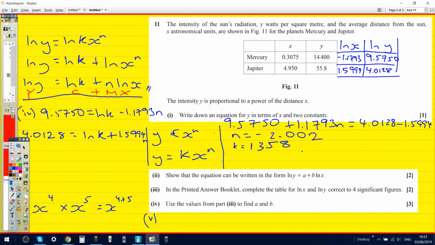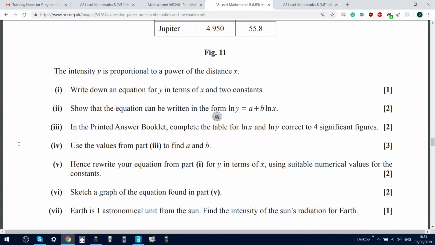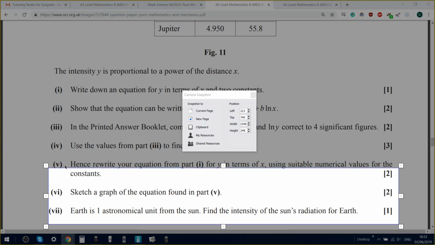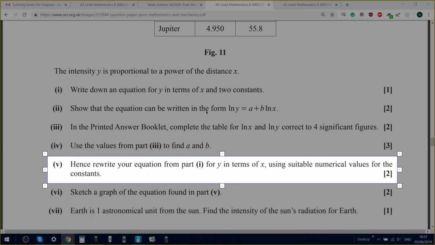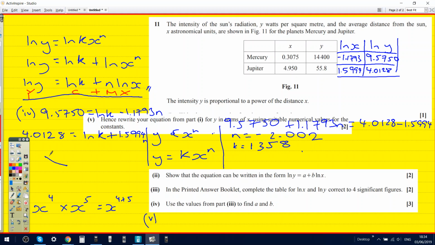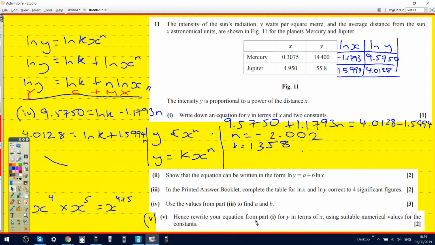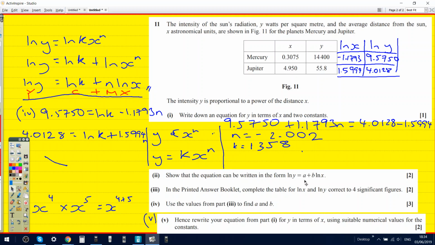Draw the graph. So do I just put it in my calculator? Hold on, sorry. Part 5 was actually just formalize it first and then draw the graph. So rewrite part I. What do we get for part I? Part 1, ln y equals a plus b ln x.